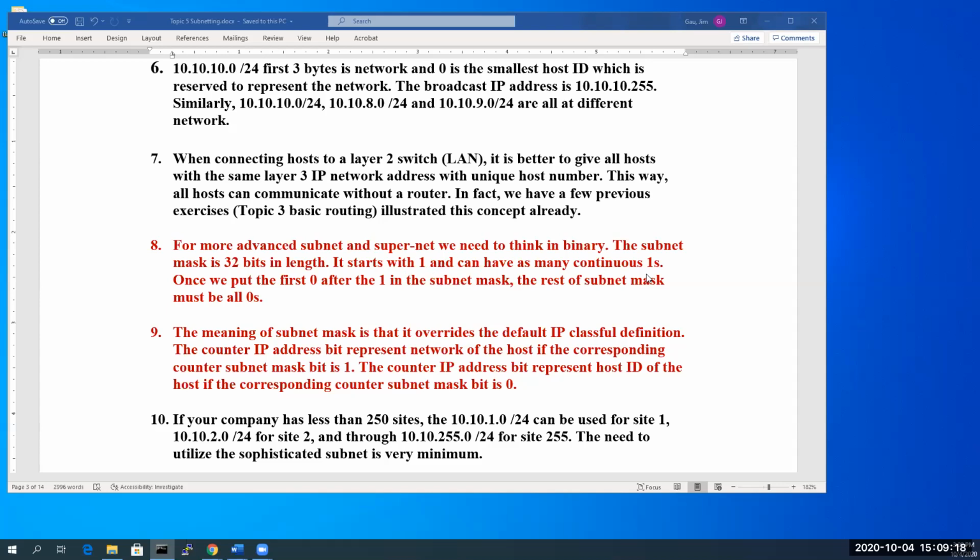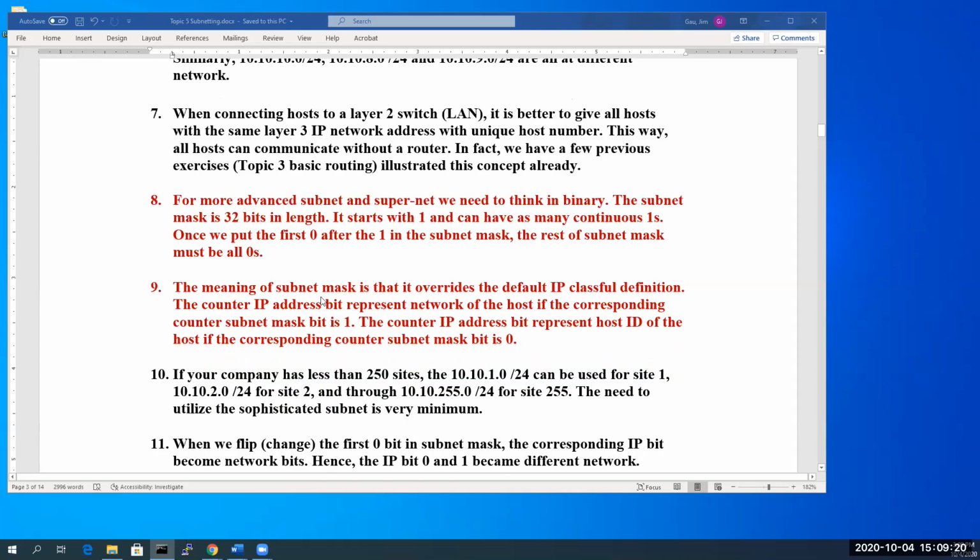That's the rule. In the basic classes, we start with 255, and whenever you see a 0, it is 0 to the end. 255 is eight ones, so 255.0.0.0 means it's a /8: eight ones and then all zeros. Once you see a 0, it's 0 all the way to the end.